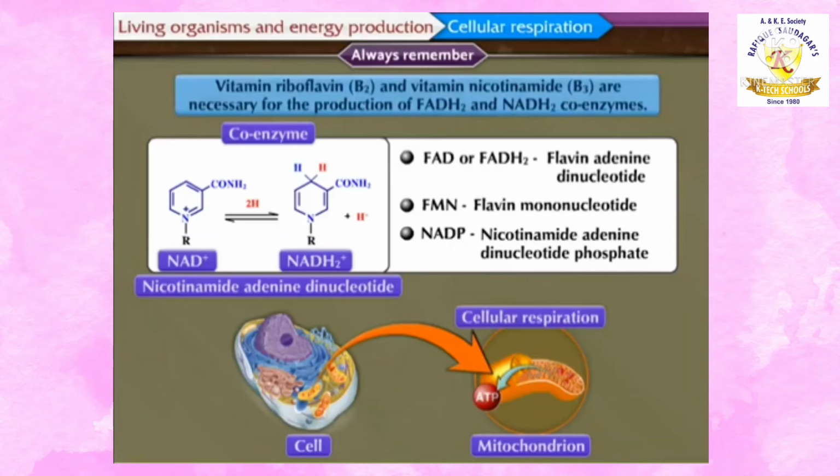Okay, children? Vitamin riboflavin, that is B2, and vitamin nicotinamide B3 are necessary for the production of FADH2 and NADH2 coenzymes. Are you getting me, children? Good. Let us proceed with our next topic.